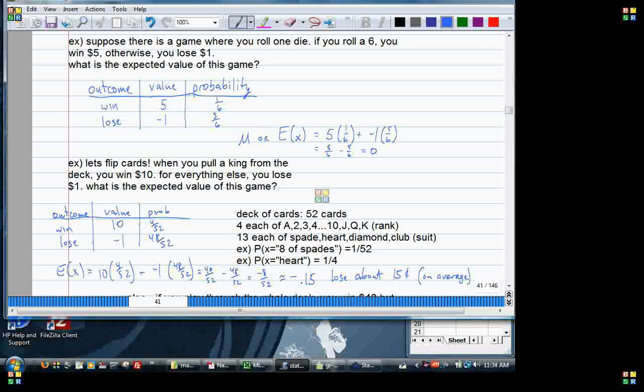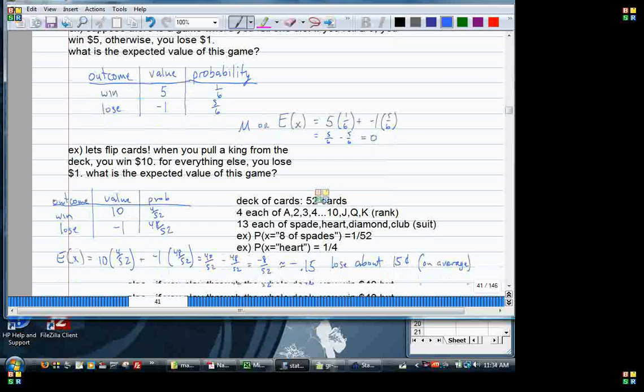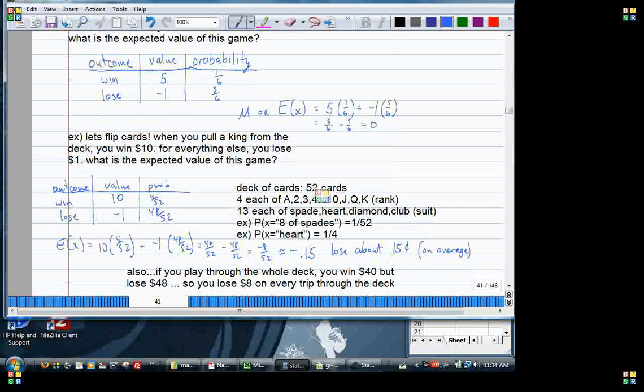There's another way to think of this. What happens when you play through the entire deck? How much money would you win? 40. You win $40, exactly. 4 kings, $10 each, you win $40. But how much do you lose? You lose $48, $1 for each of the other cards. So you lose more money than you win.